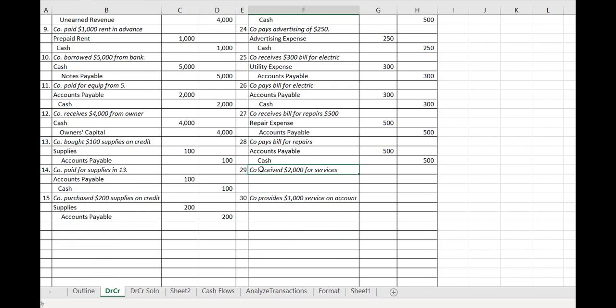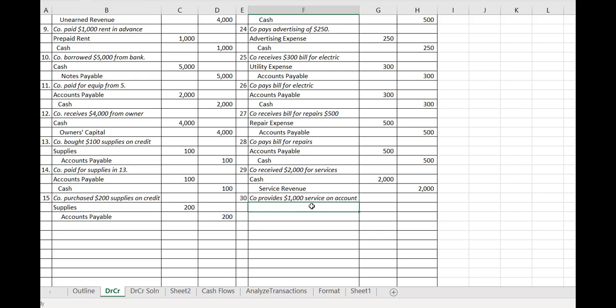Okay, now the company received $2,000 for services. It received, so cash is coming in. We're increasing cash by $2,000. And this would be for services that we already did, so this would be service revenue. And now for the last one, the company provides $1,000 worth of services on account. And believe it or not, this is the one that you're going to forget.